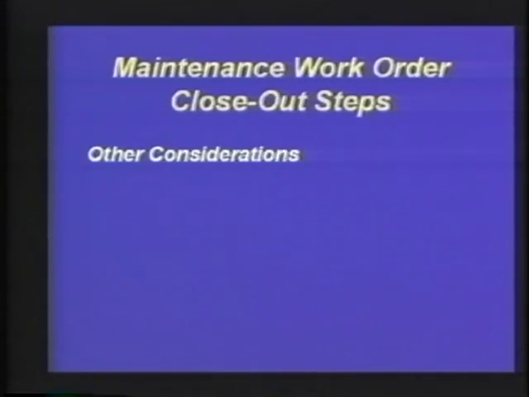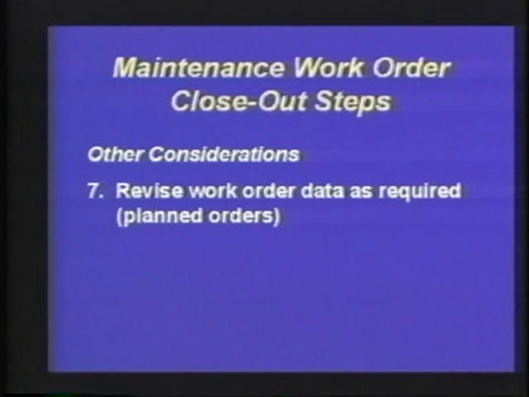Now, other considerations relative to the PM closeout steps is revise the work order data as required. What I'm addressing here is this dialogue that you, the planner scheduler, and the craft PM person is going to discuss relative to the time estimates on a job, the sequences, and any other application, like we didn't have the right spare part, we had too many spare parts, we didn't have enough, we didn't have the proper tool, we didn't have proper equipment, or we lacked documentation.